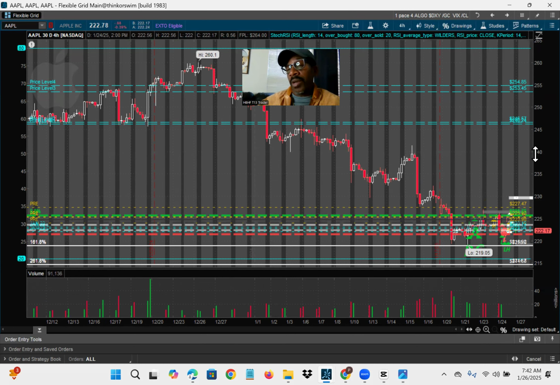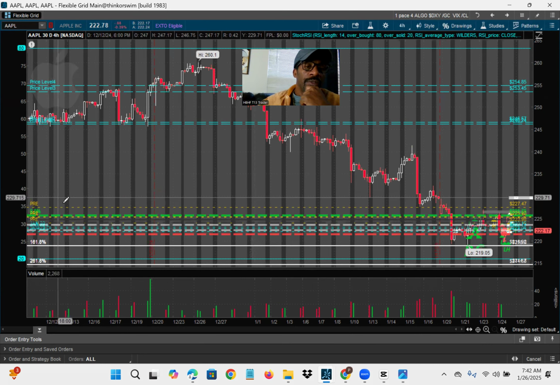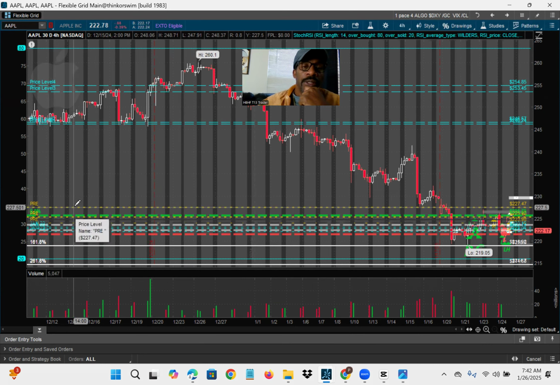If it does come up here and holds the support off the RSI 30, I use this scale on the side. Okay. This is your RSI. Normally when it comes off and holds 30, it'll come up and test 40 off of 35 here, and then go up sometimes to the 70.